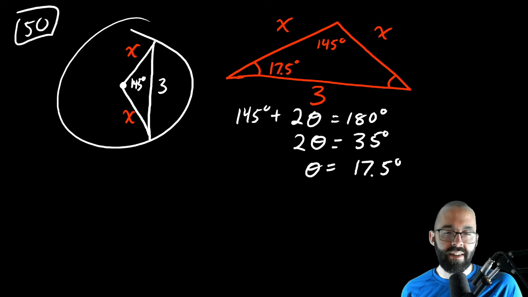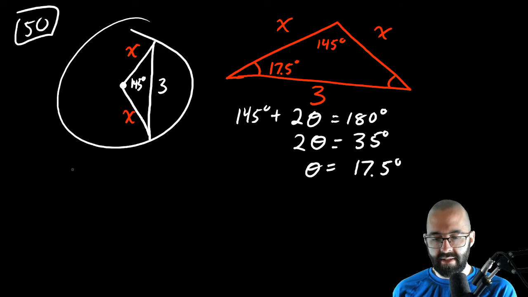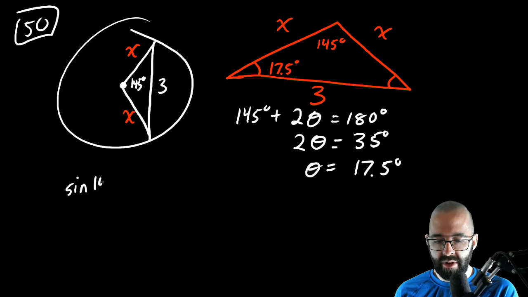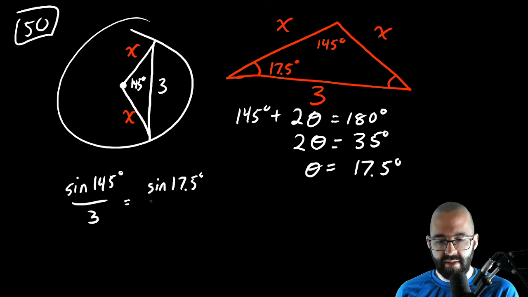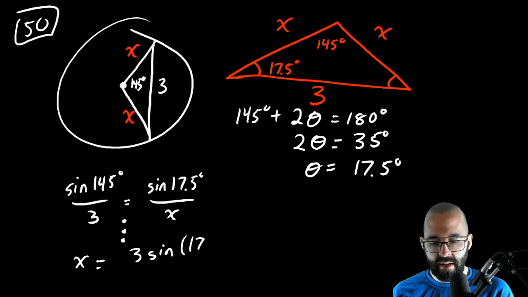So we can use the law of sines. Law of sines says the sine of 145 degrees divided by 3 equals the sine of 17.5 degrees over x. That'll get you to x is equal to 3 sine 17.5 degrees divided by sine of 145 degrees.